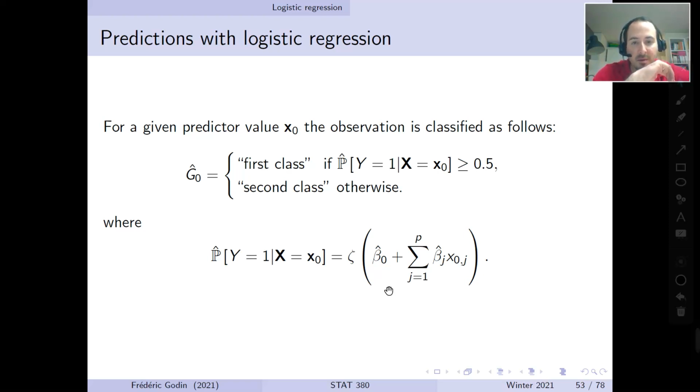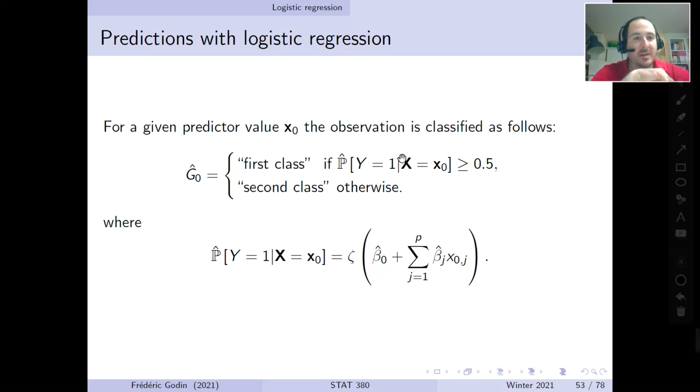If the estimate of the probability for a given value of predictors is greater or equal to 0.5, it means that, according to our estimates, it's more likely that the response is y equal to 1, so we classify it as first class.